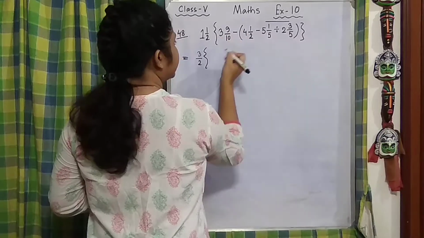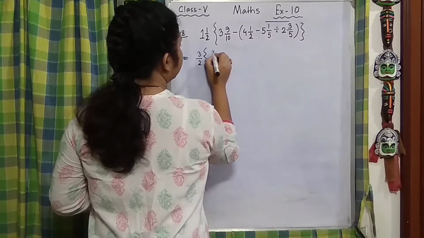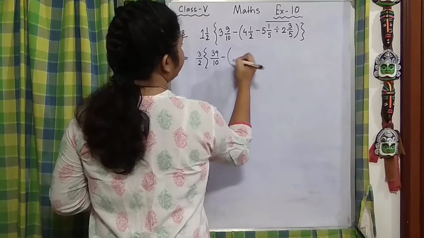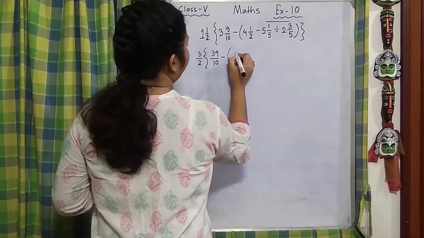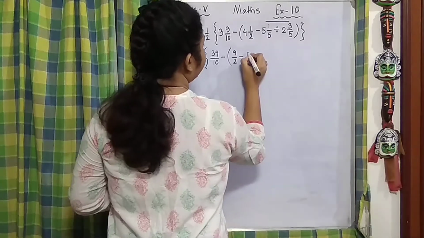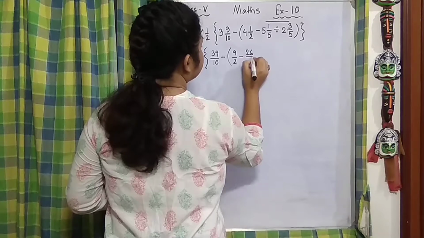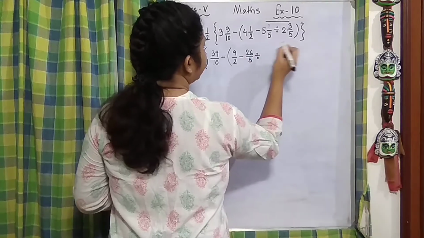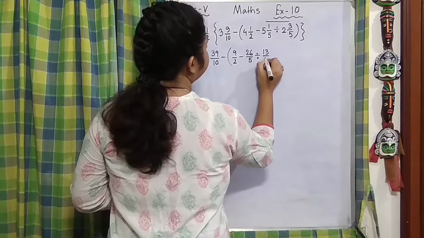So 10 3s are 30 plus 9, 39 by 10 minus, within the bracket, 4 2s are 8, 1 is 9, 9 by 2 minus 5 5s are 25, 1 is 26, 26 by 5 divided by 5 2s are 10, 11, 12, 13.